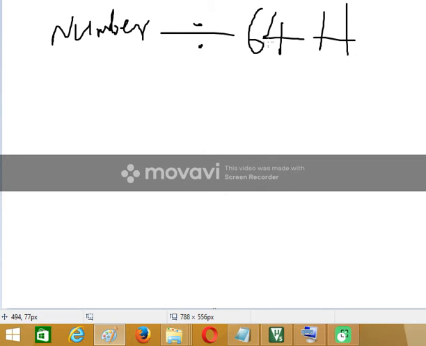Why? 6 times the hexadecimal base 16 is 96, plus 4 is 100. So divide by the hexadecimal equivalent of 100. Remember, it is 64H. So you got the quotient, no? That is the hundreds place. You can directly save or store it as the higher byte of the result.